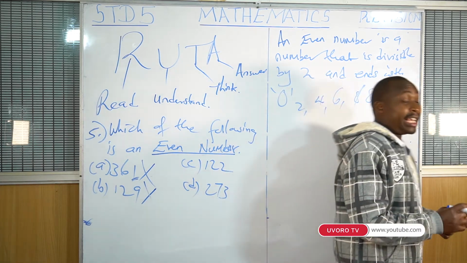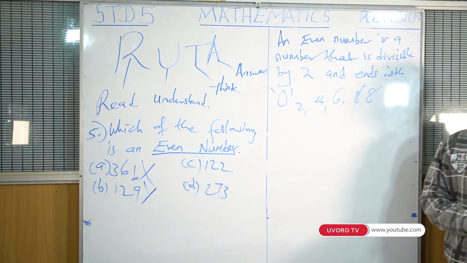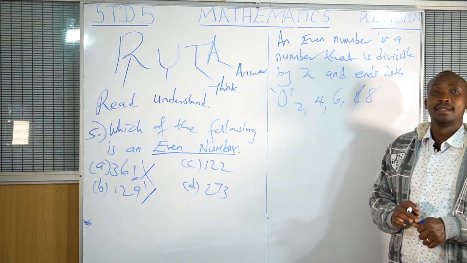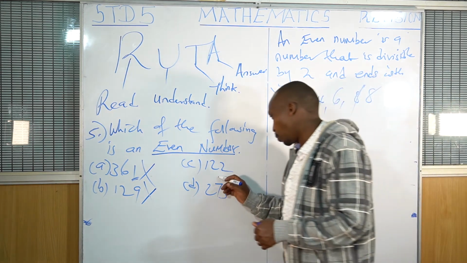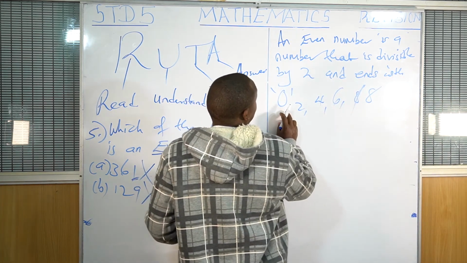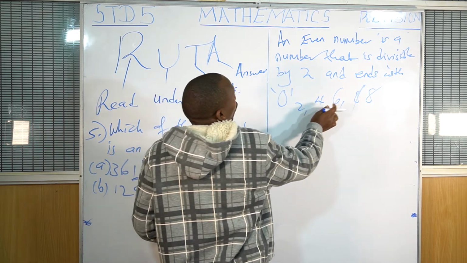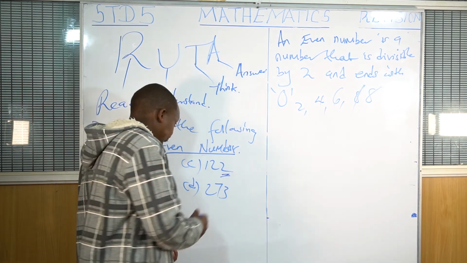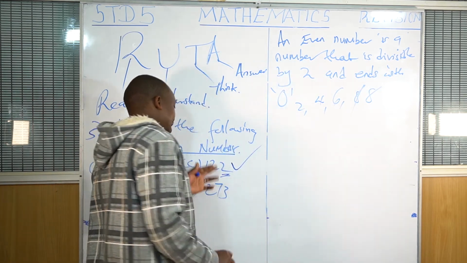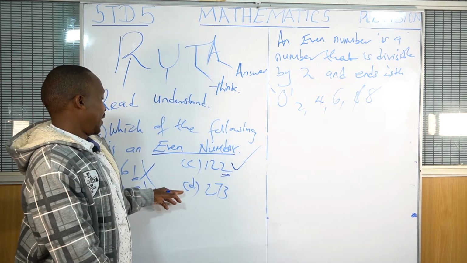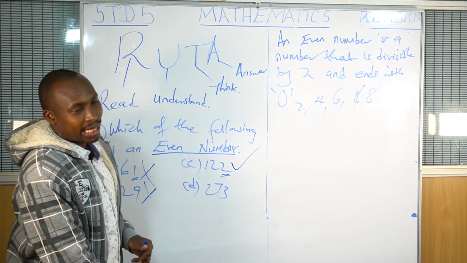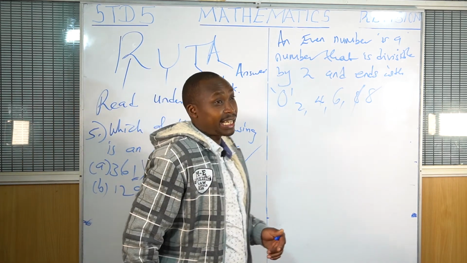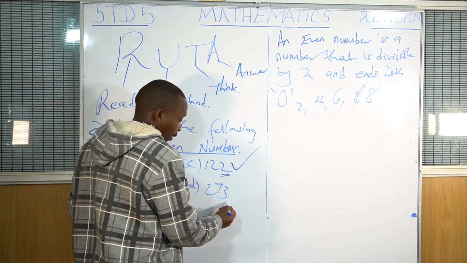It is ending with? Very good. That is 2. So is it ending with 0, 2, 4, 6, and 8? Yes, very good. So it is ending with 2. Now, D, 273. It is ending with 3. Very good.